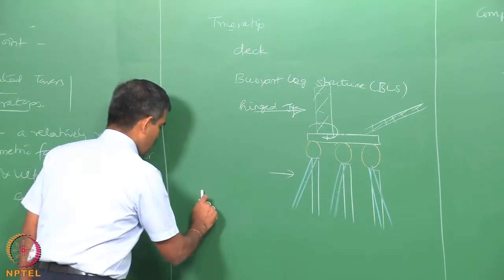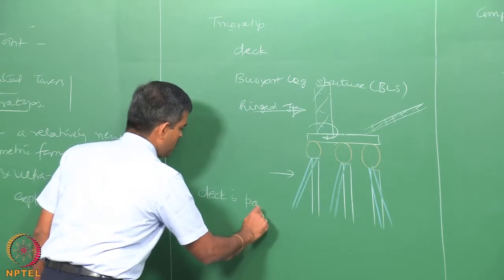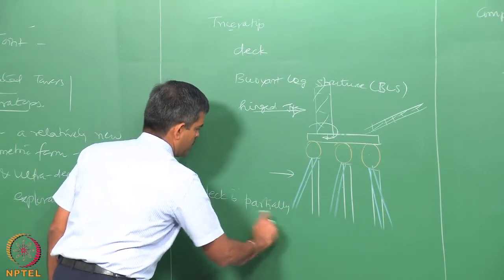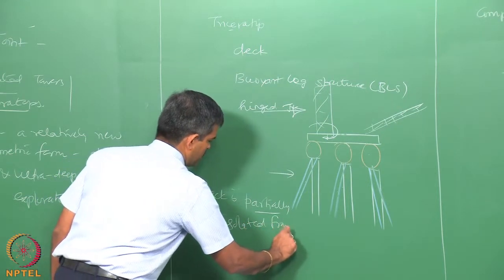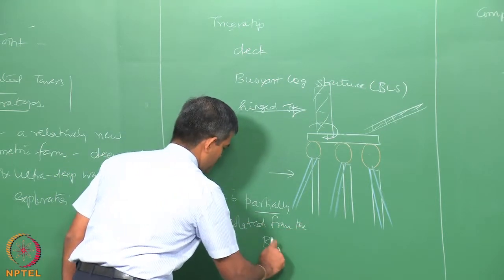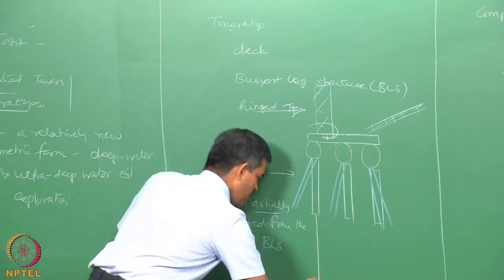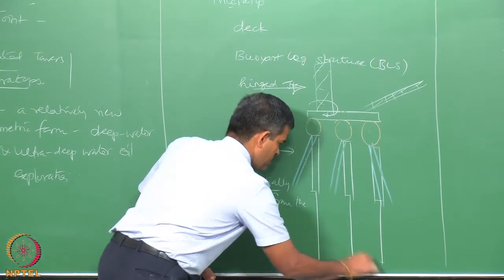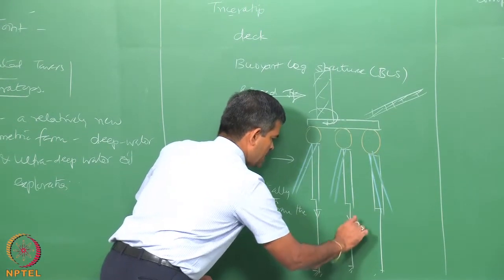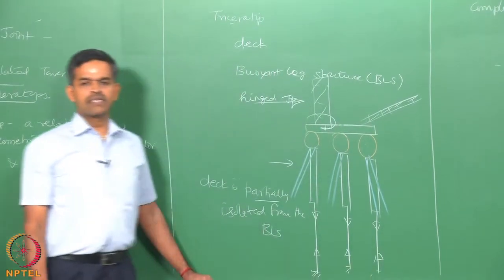Okay. So, we can say that the deck is partially isolated from the BLS. However, the BLS will be connected to the seabed using tethers, similar to what you have in other compliant structures like tension leg platforms.